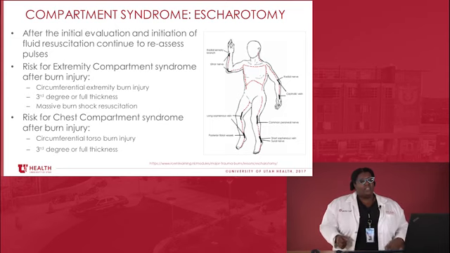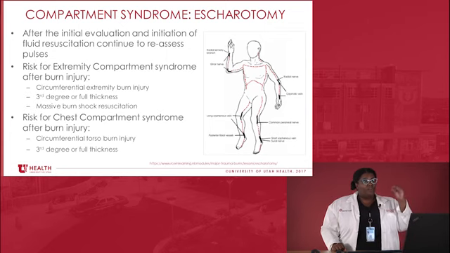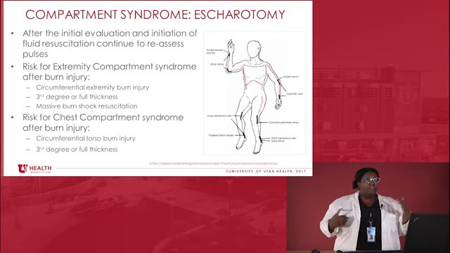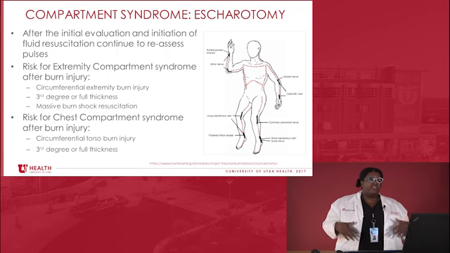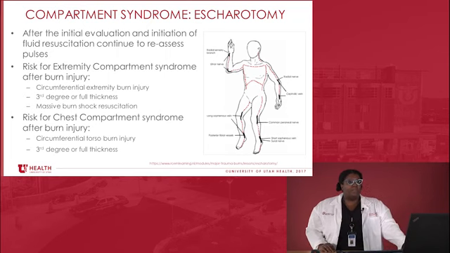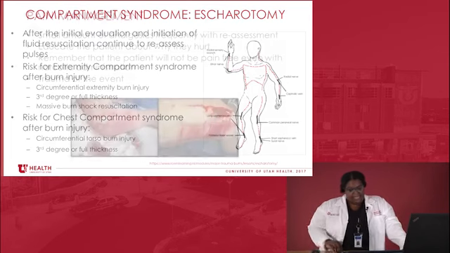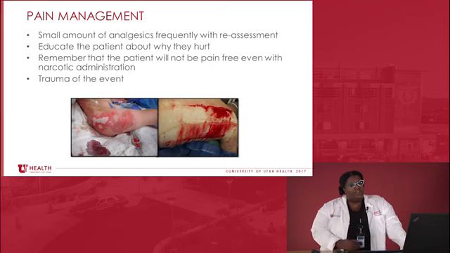What you will see on your ventilator is high pressures, small volumes. Your peak airway pressures will probably be off the chart as well. And so these are patients who probably deserve an emergent chest decompression or chest escharotomies to release the pressure. And again, your burn surgeon should be involved in having discussions around that.